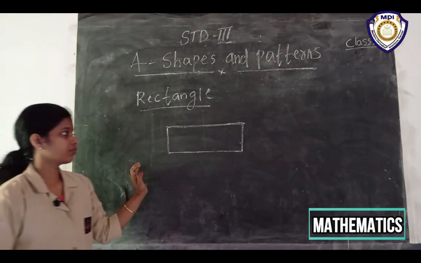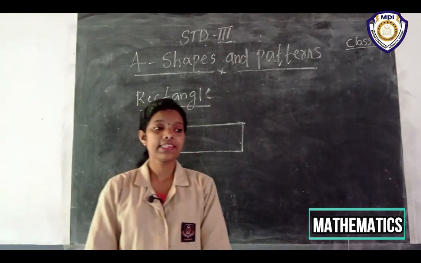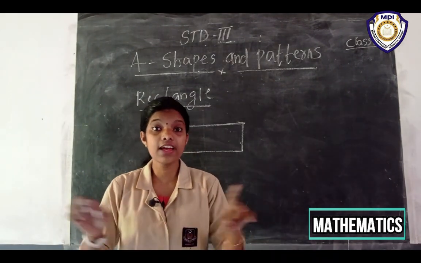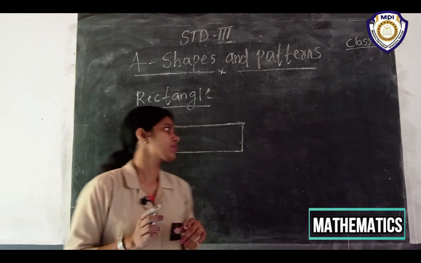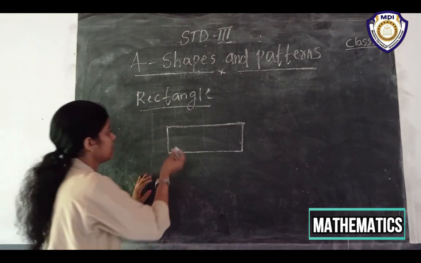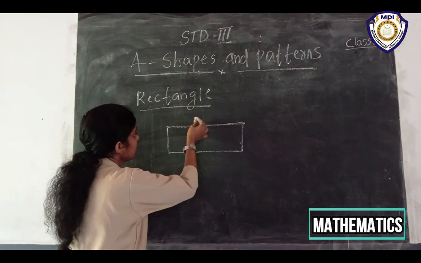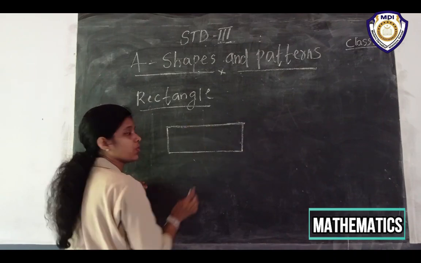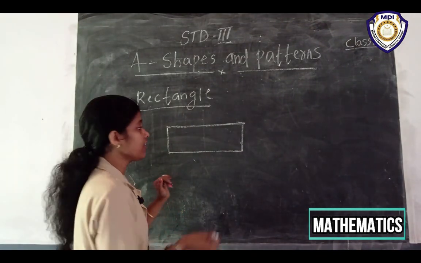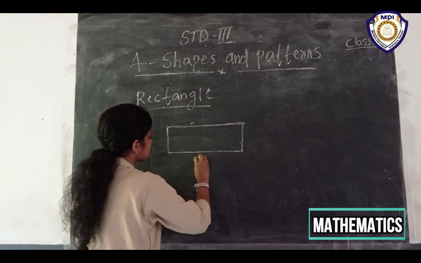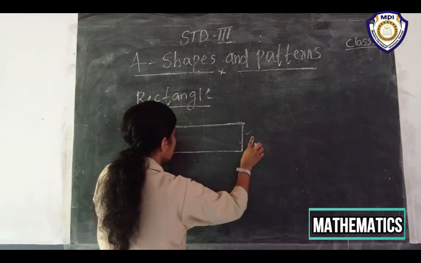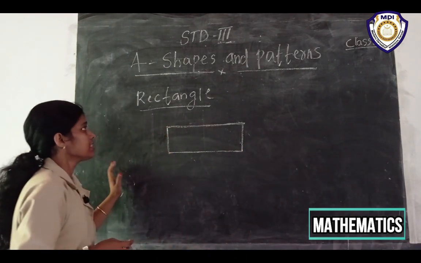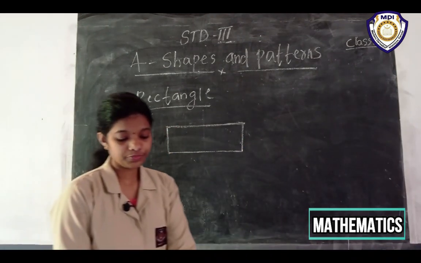Our desk is rectangle shape. Okay. Listen here. In a rectangle, opposite sides are equal. This side and this side and this side and this side. This is the shape of a rectangle.